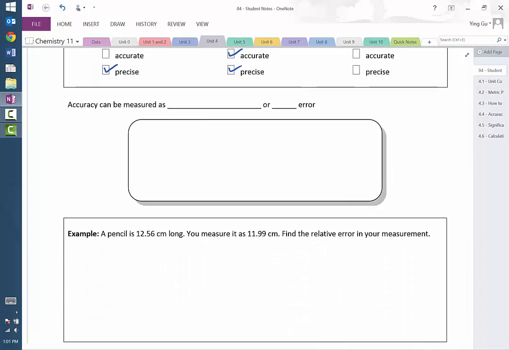Alright, accuracy. How accurate we are, we can measure that as relative error, also known as percent error.